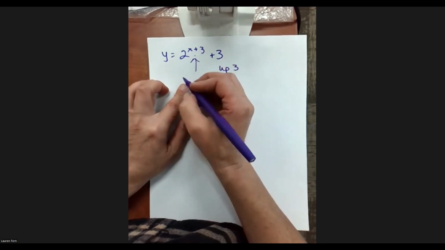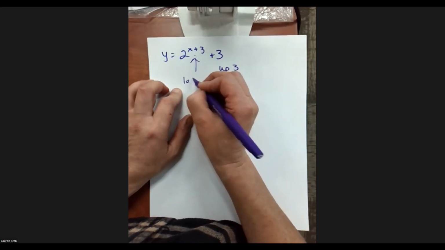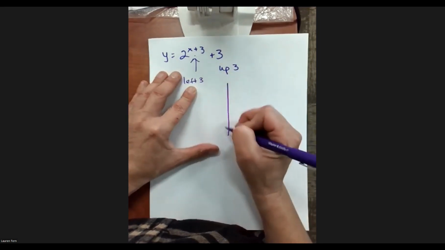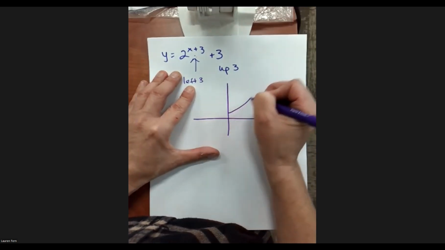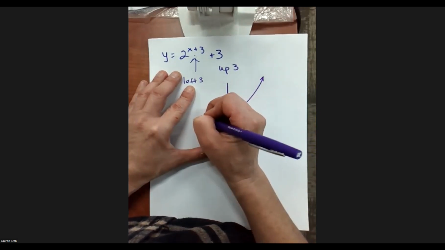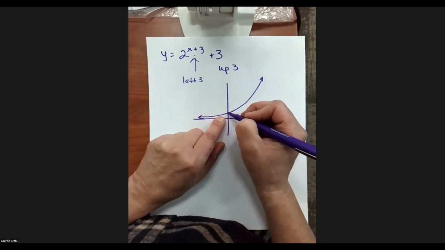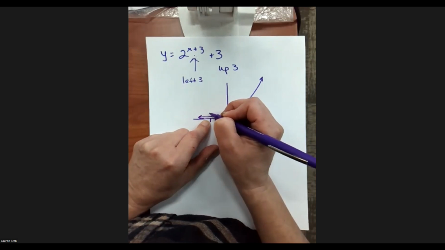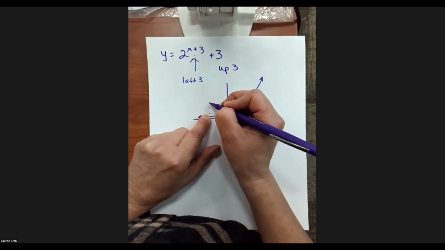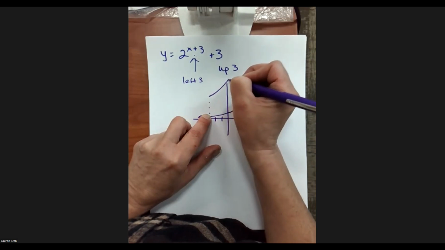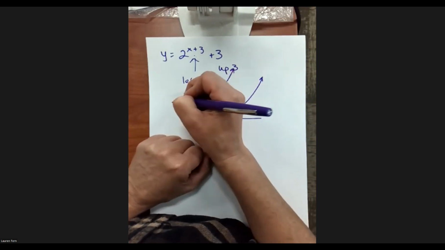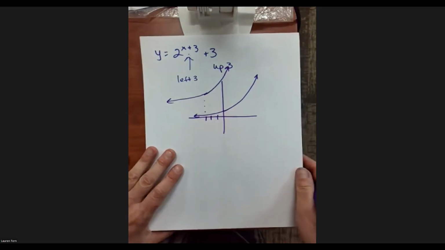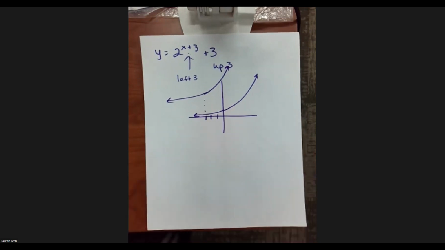What does the +3 in here mean? Left 3. So this is literally taking our graph y equals 2 to the x and shifting it to the left 3 and then up 1, 2, 3. Not drawn to scale. Isn't that cute? Isn't it neat how all of these things just kind of compound?